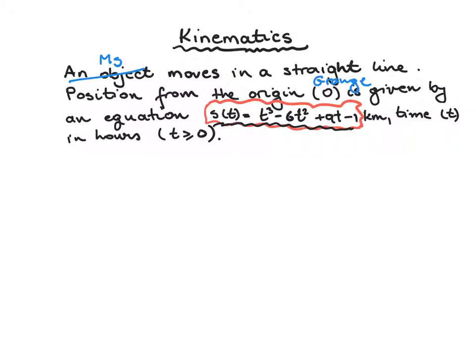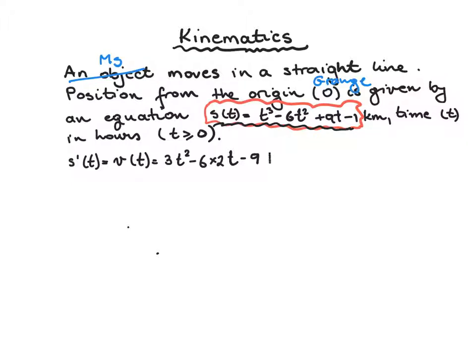First, I'm going to find the velocity, and velocity is the first derivative of displacement. So s dash of t is equal to velocity. Finding the first derivative, it's 3t to the power of 2 take away 6 times 2t, take away 9.